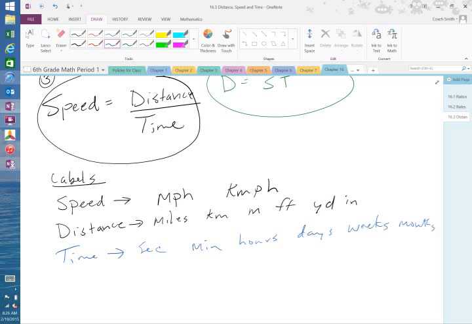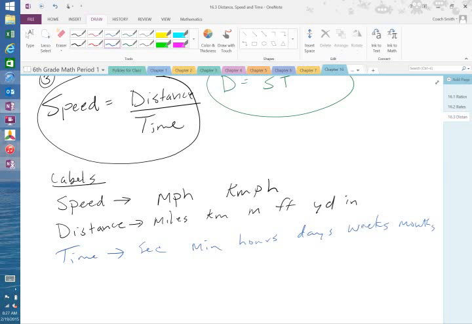So those are the labels that you will have most often with your answers. If you don't have the label, if you just put a 5 and it's supposed to be 5 miles per hour, then you're going to get it wrong. Because if you just put a 5, I don't know if it's 5 miles per hour, 5 minutes, 5 hours. There's many different labels that we could use.